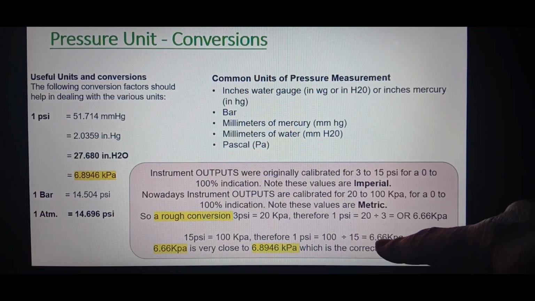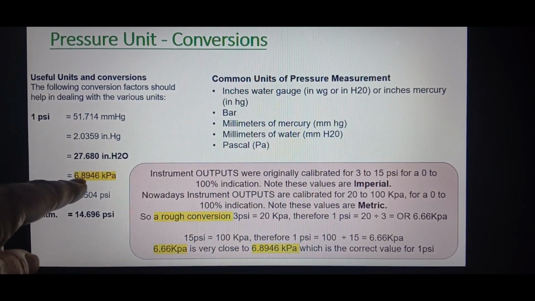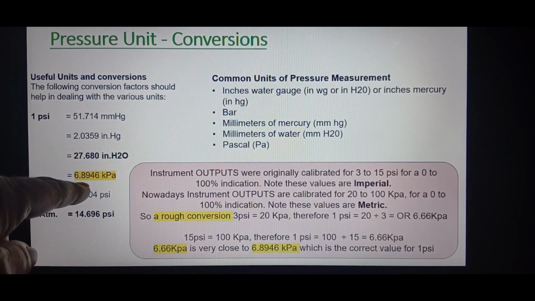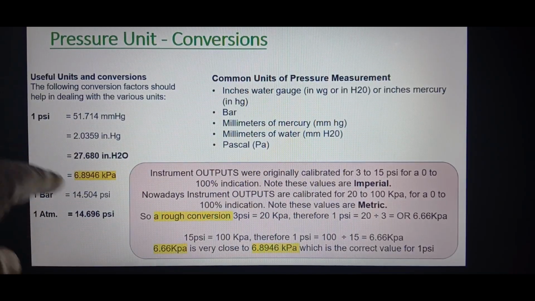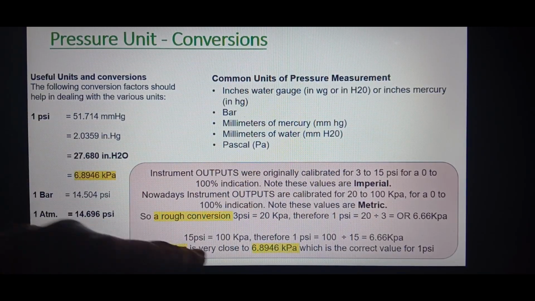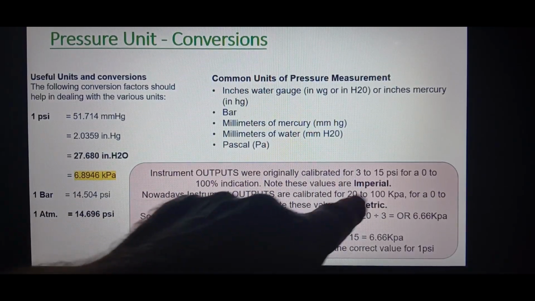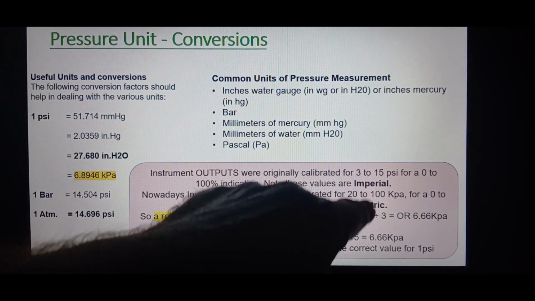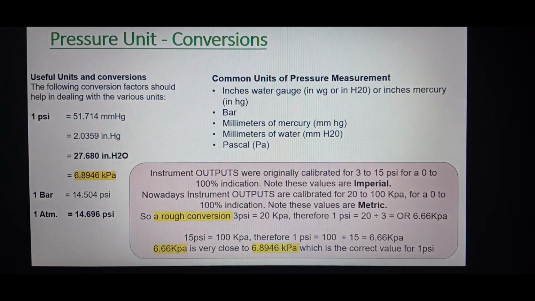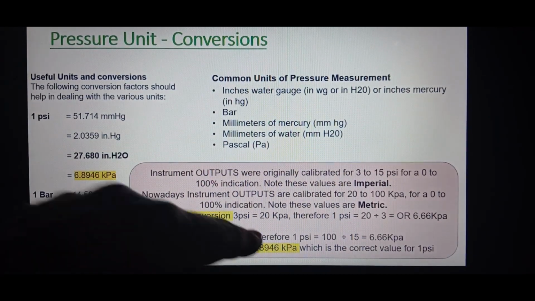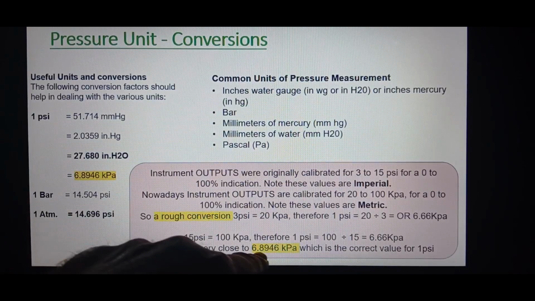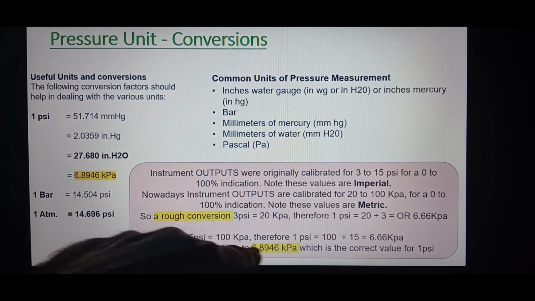This 6.66 is very close to this value that you see over here. So if you can't remember this value, you can work it out from this, because you may have dealt with those values before and the new values being dealt with here. That might help you to get a very close figure.